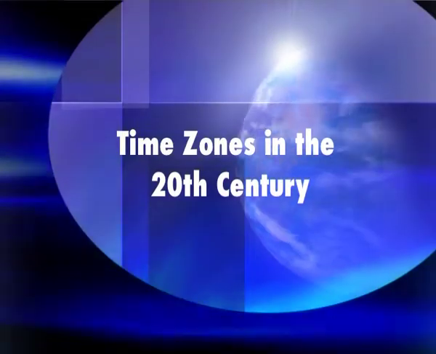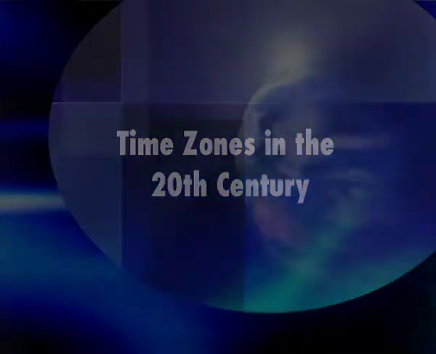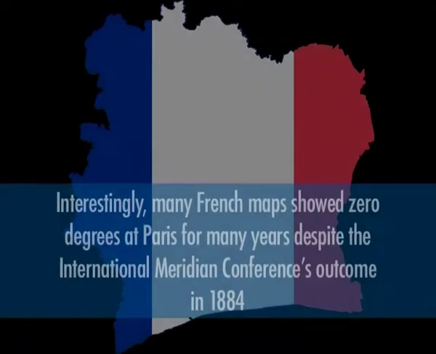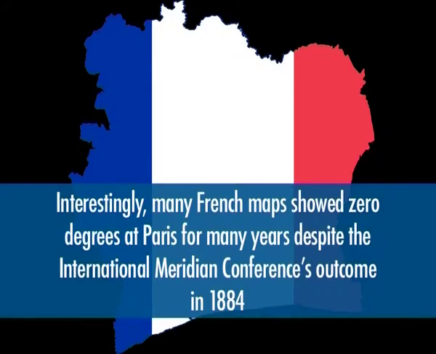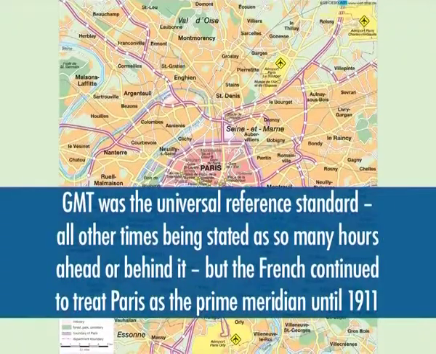Time zones in the 20th century. Interestingly, many French maps showed 0 degrees at Paris for many years despite the International Meridian Conference's outcomes in 1884. GMT was the universal reference standard, all other times being stated as so many hours ahead or behind it.